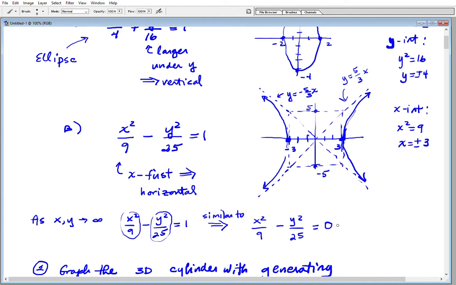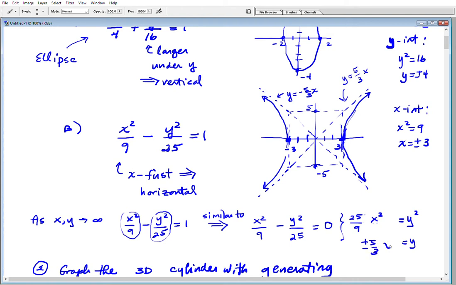And when we solve this, let me bring the 9 to the other side and solve for y. That would be better. Okay, solving for y, we have y squared equal to 25 over 9 x squared, and taking the square root of both sides, we have y equals plus or minus 5/3 x.